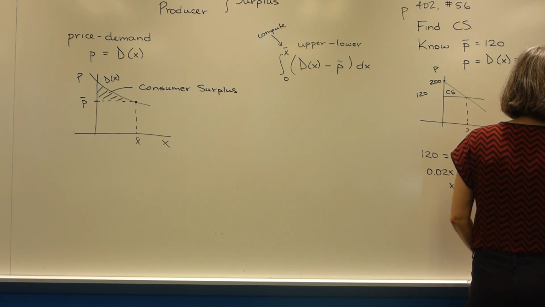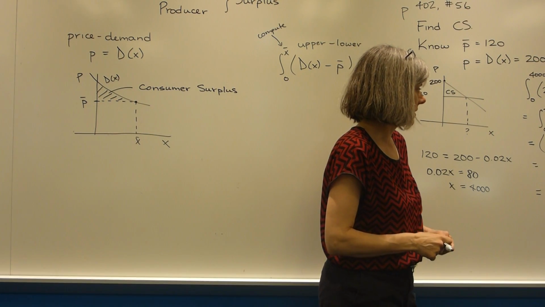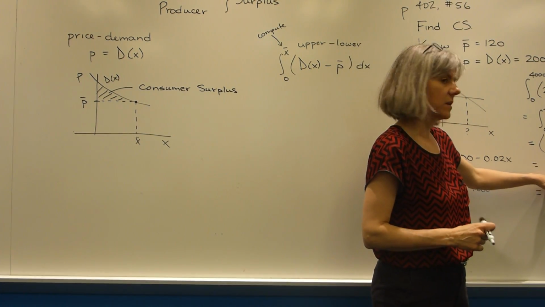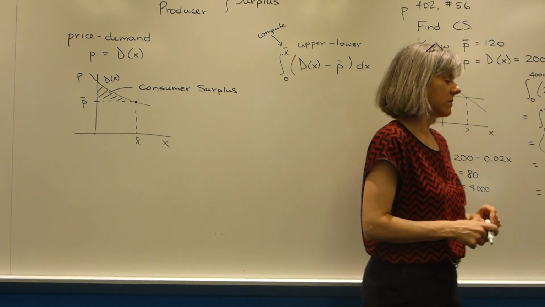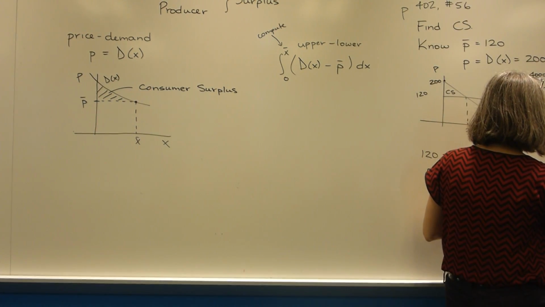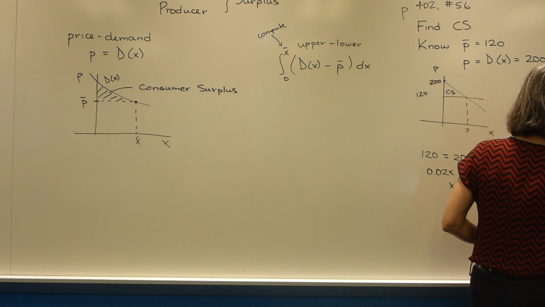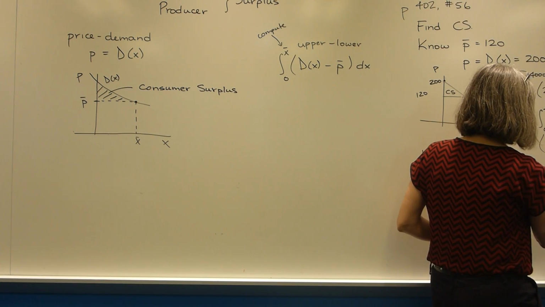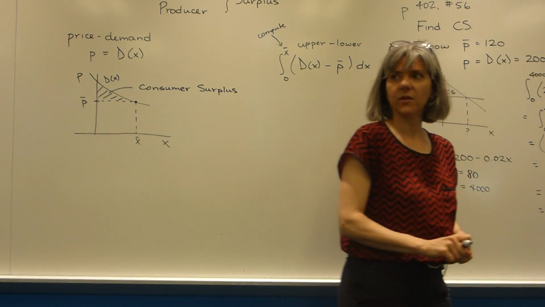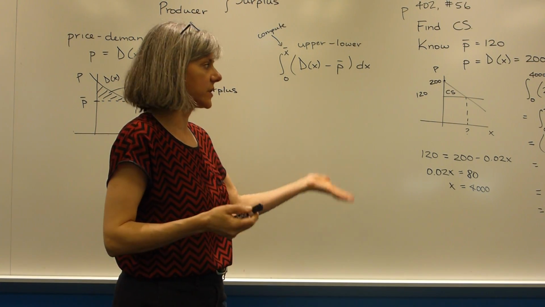I'd be happy for somebody to do that, because I did that in my head this morning. So 4,000 times 80 minus 40, I get 160,000? Yes. Go me. Okay, so again, this is fairly easy.